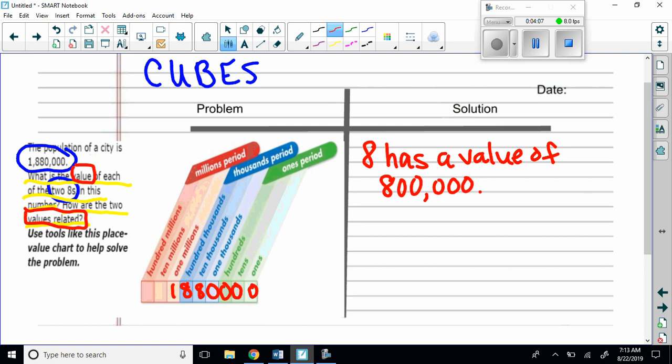Now, when I look at the second 8, I see it's in the 10,000s column. So I know that it is going to have a value of 80,000. So I'm going to say the second 8 has a value of 80,000.